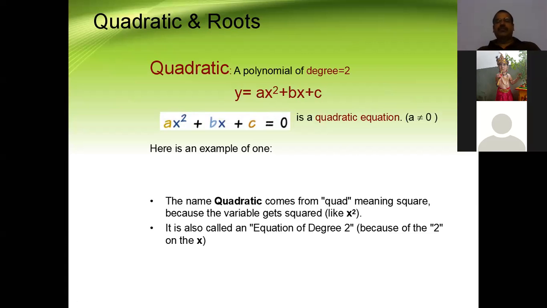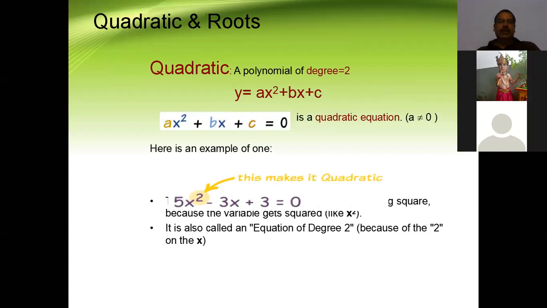The name quadratic comes from quad, meaning square, because the variable gets squared. It is also called an equation of degree 2.